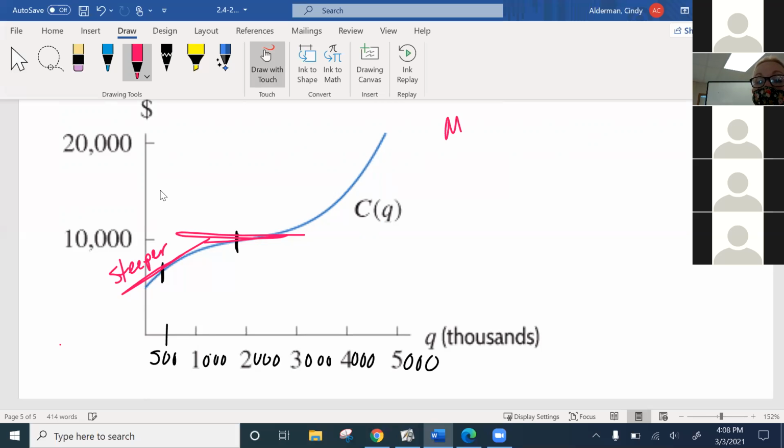So we can say that the marginal cost at 500 is greater than the marginal cost at 2000, which makes sense, because if you think about companies making products, remember from economics class, it's called economies of scale.